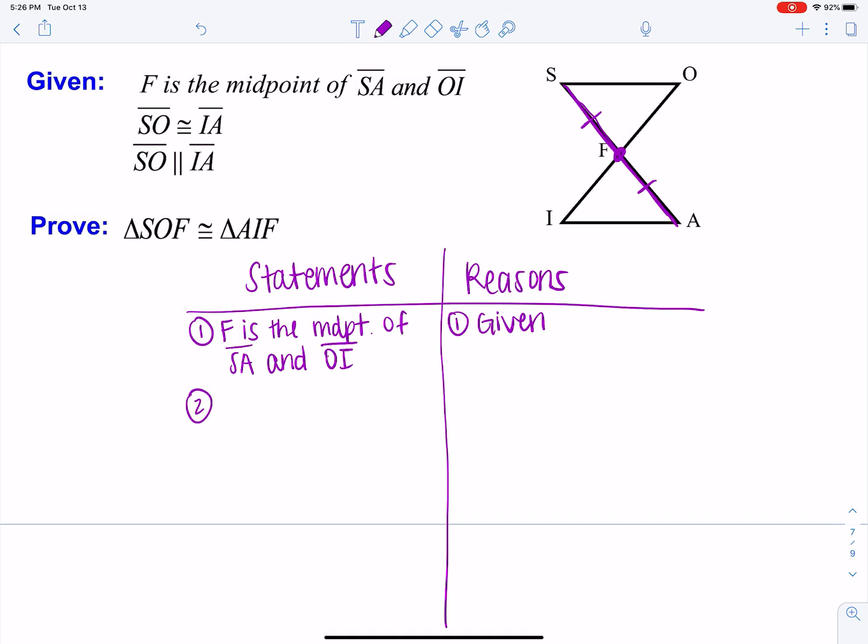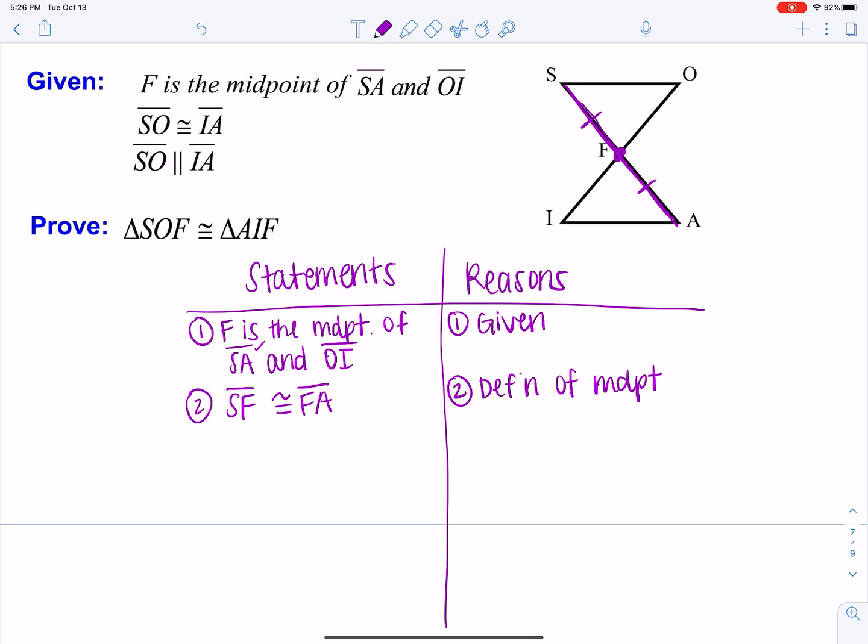So let's name those congruent segments. SF is congruent to FA. I use the definition of midpoint.